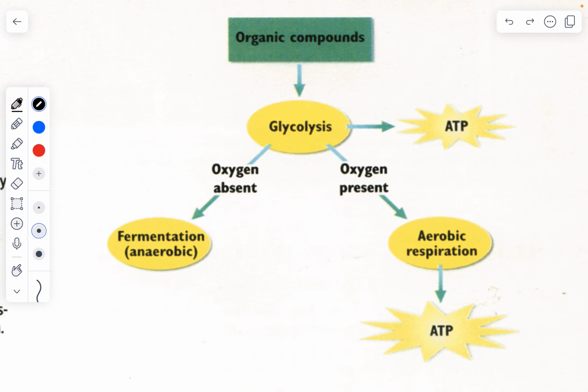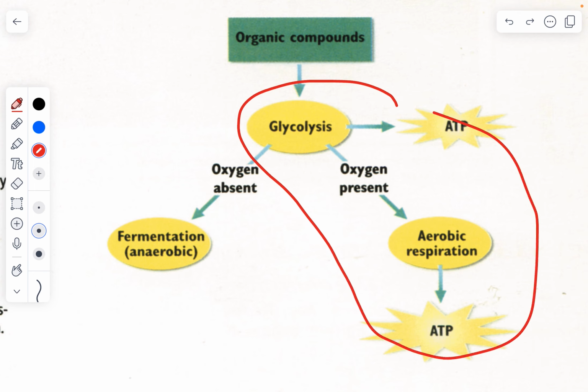So in English we say fermentation pathway can produce ATP, but fermentation itself as a process, it's not giving any additional or any extra ATP. What about aerobic respiration? The pathway of aerobic respiration is like this.